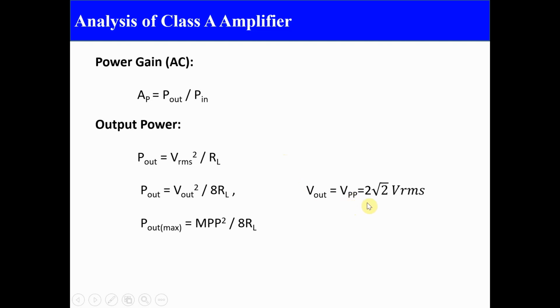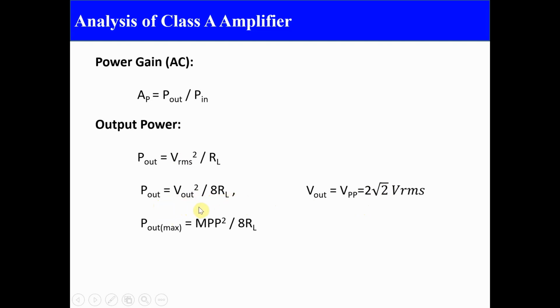V peak to peak is equal to 2 root 2 into Vrms. So Vrms square is equal to V peak to peak square upon 2 root 2 whole square. Here V peak to peak is the peak to peak output voltage. So it is now represented by P out is equal to V out square upon 8 RL, because 2 root 2 square is 4 into 2, 8. That's why it is V out square upon 8 into RL.